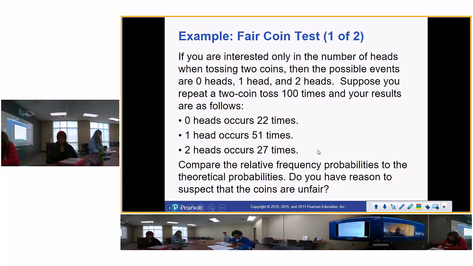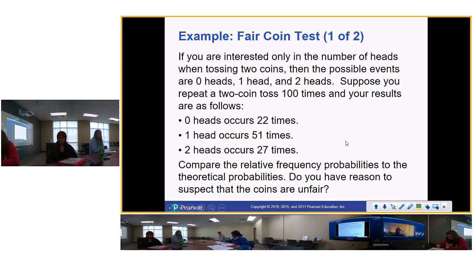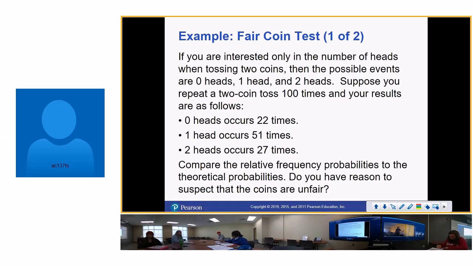0.07. Okay, it sounds like to me that you got a sorry coin. Why? Because what is it supposed to be? What's the mathematical probability of a tails or heads? What is the mathematical probability? Half. 0.5. And you're getting 0, 0.07, and what was the last one? What's 2 out of 27? That was 0.07. Okay, so they're all around 0.